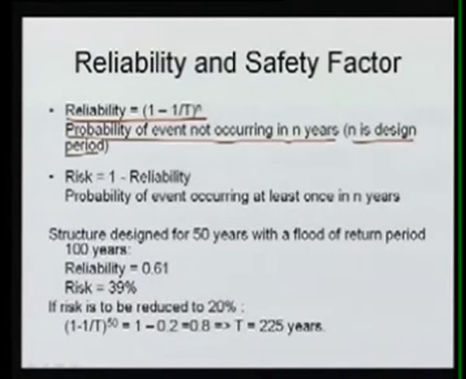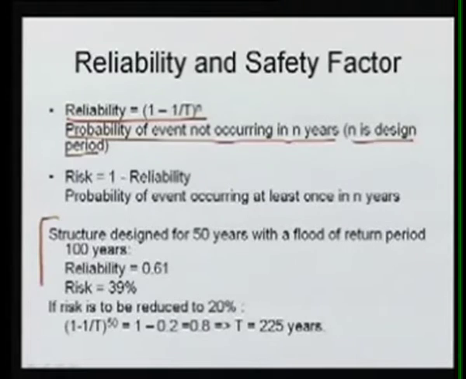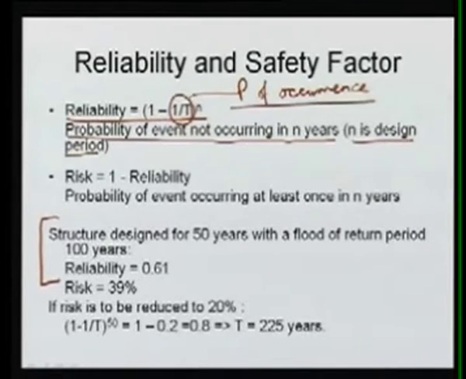So we have designed a structure for, let's say, a 100-year flood, and the useful life or the design life of the structure is 50 years. What will be its reliability? In this case, 1 by T is the probability of the event occurring, so 1 minus 1 by T will be the probability of the event not occurring in 1 year, and to the power n will give us the probability of the event not occurring in n consecutive years.